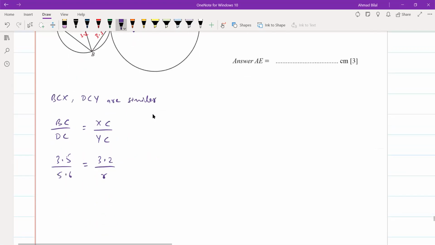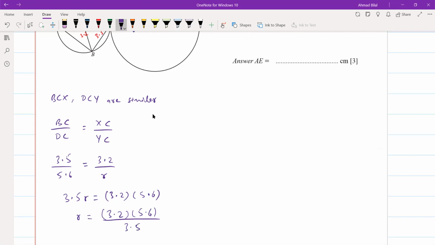Cross multiply: 3.5 times R is equal to 3.2 into 5.6, so R is 3.2 into 5.6 divided by 3.5.